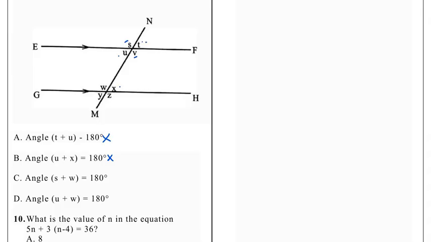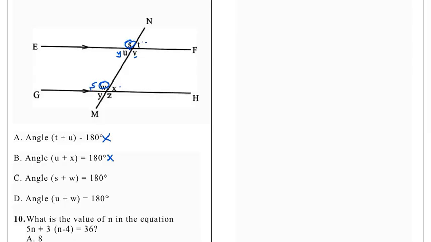Angle S plus W, we have this S plus W is equal to 180 degrees. Let's check that. We have this S and we have W. That is the same as taking U and Y. U corresponds to Y, U is equal to Y, S is equal to W. So it's the same as having Y here, and the same as having S here.